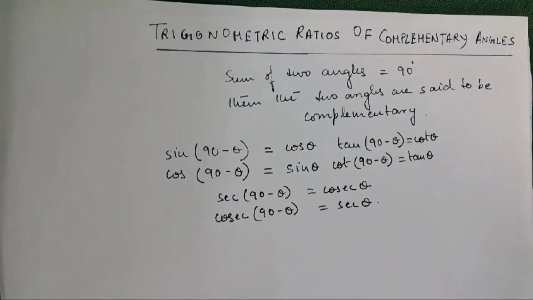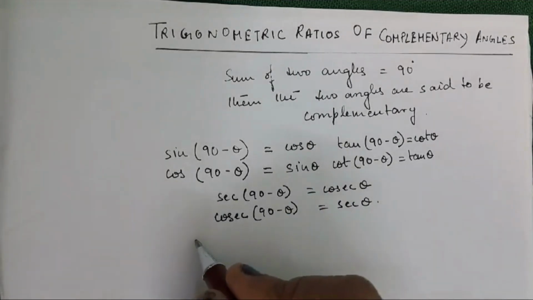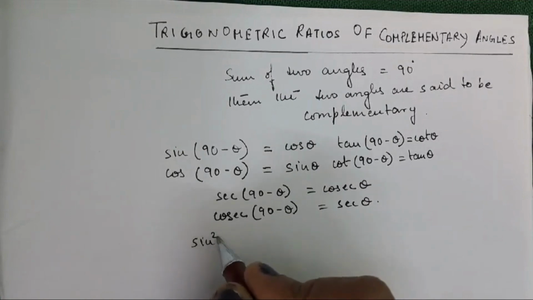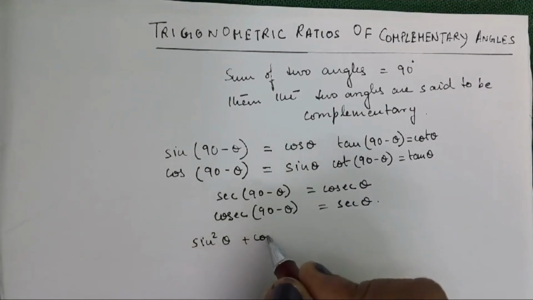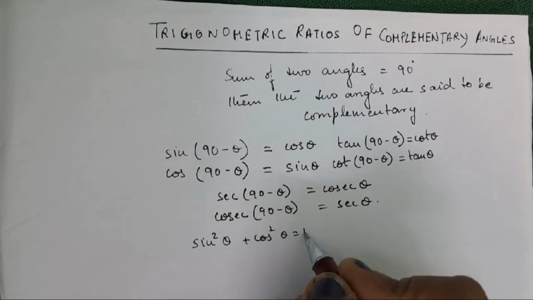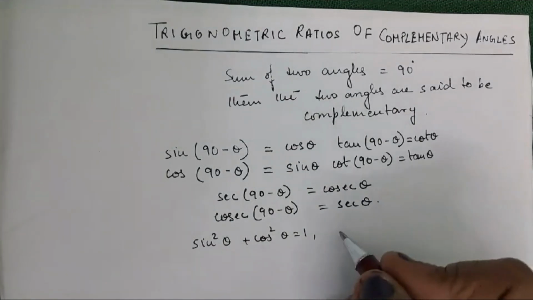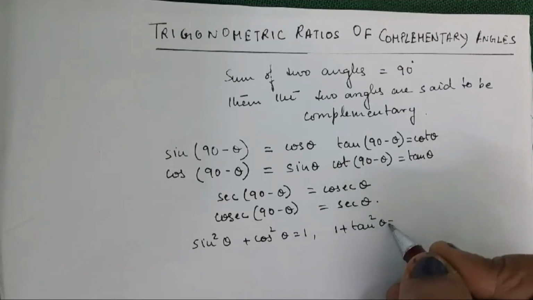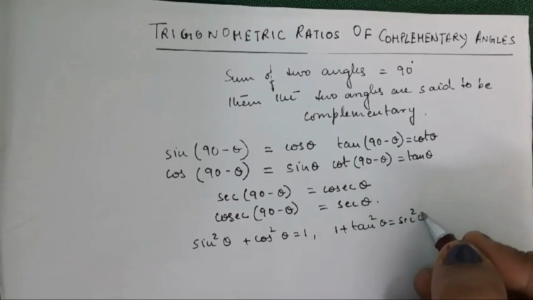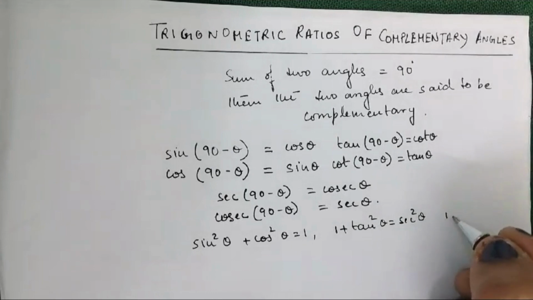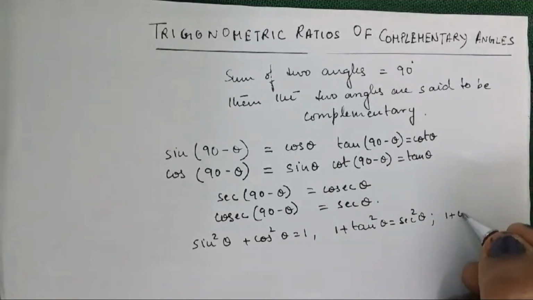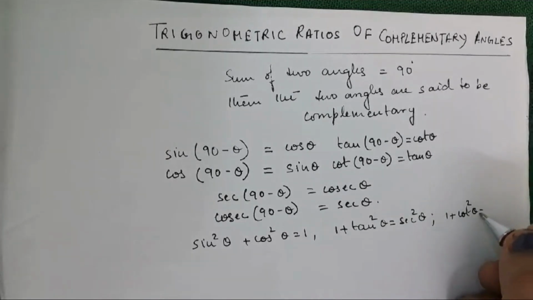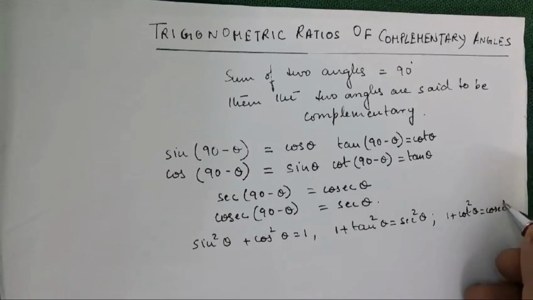So you should know this, as well as, in a few sums, you have to use the trigonometric identities, that is sin square theta plus cos square theta is equal to 1. One more is 1 plus tan square theta is equal to sec square theta, and 1 plus cot square theta is equal to cosec square theta.